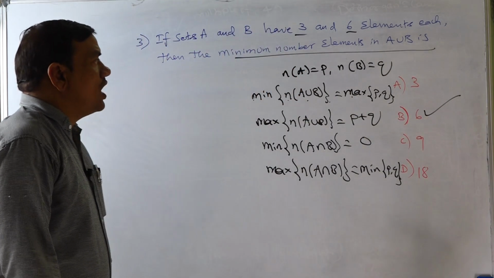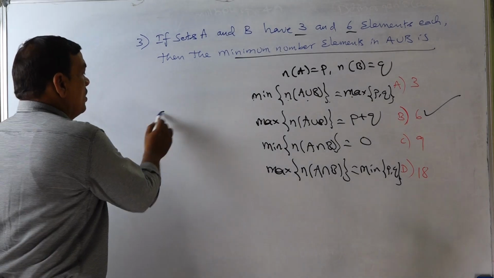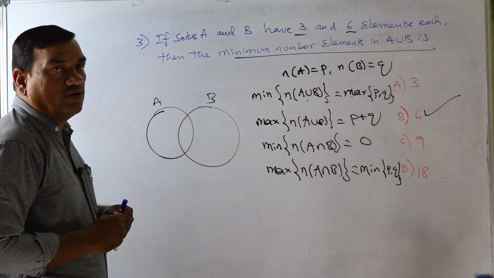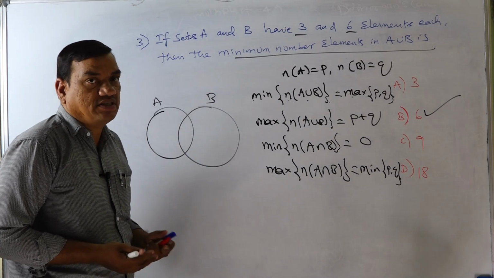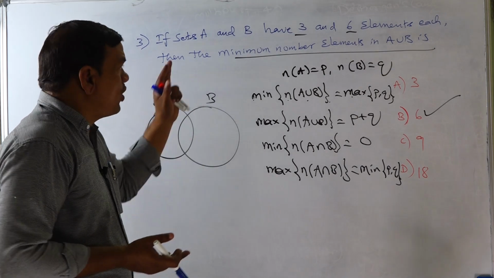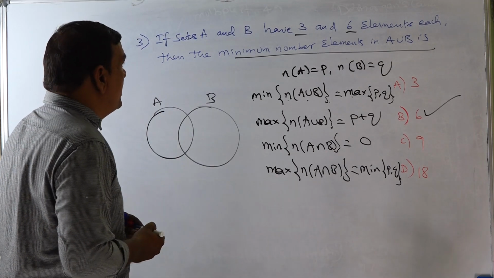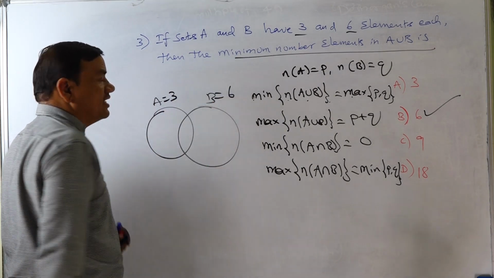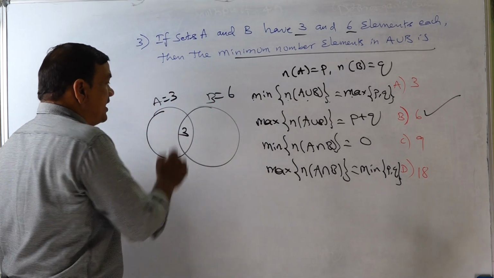That's all. So how, sir? Let us see this. Unless otherwise stated, you have to take A and B as overlapping sets only. If they are disjoint sets, definitely the problem will mention it. So A contains 3 elements, B contains 6 elements. Can I put those 3 elements here? Yes.